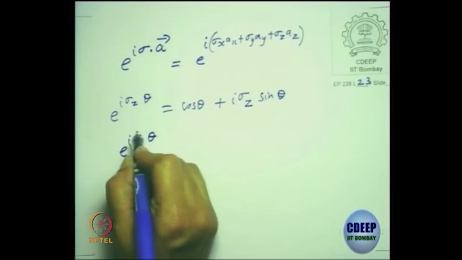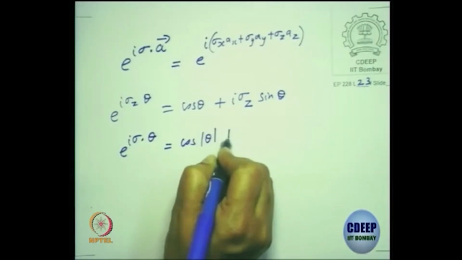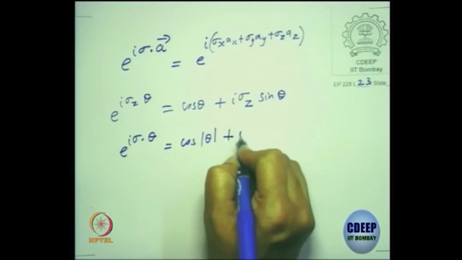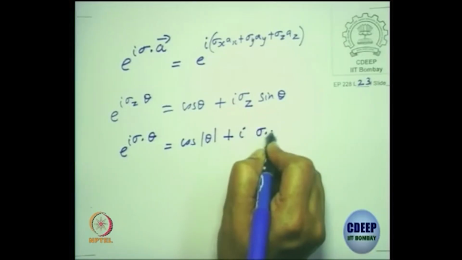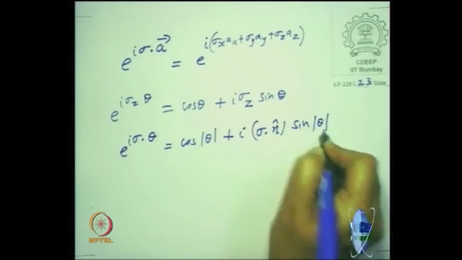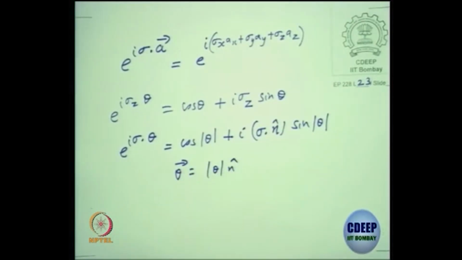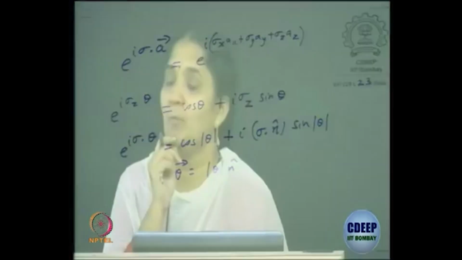Some theta vector, if I had, I would have written this as cos of mod theta plus I sigma dot n hat sin of mod theta, where theta vector is just by inspection. You can also verify here using Pauli matrices properties.